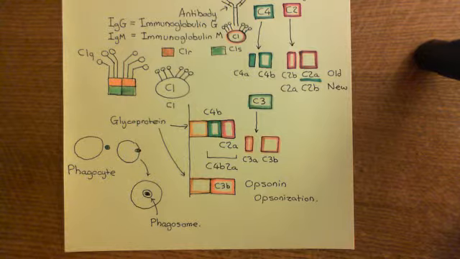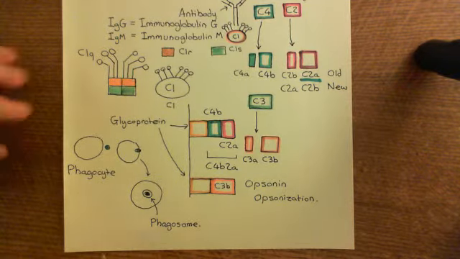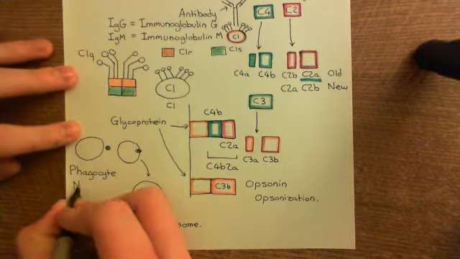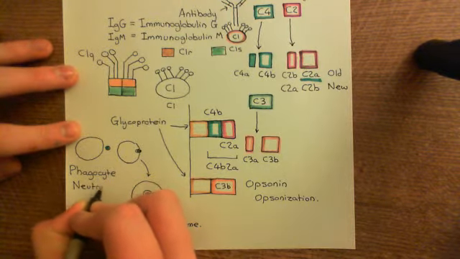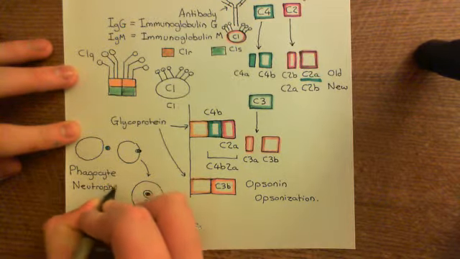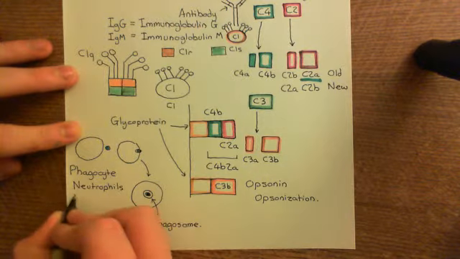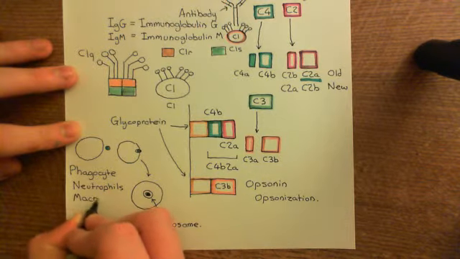Right, so that's what a phagocyte does. It eats bacteria and then destroys them, basically digests them. Examples of phagocytes are neutrophils and macrophages, the two prototypical examples.